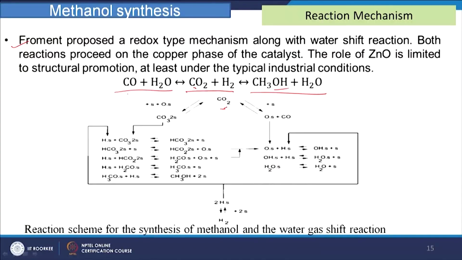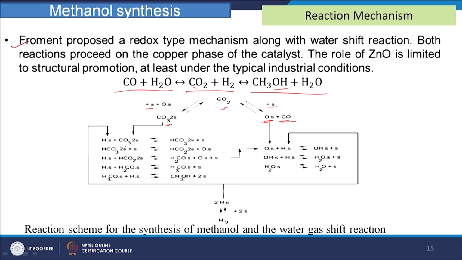So, reactions at the active site take place. Now carbon dioxide comes to the active site, say solid S, and it gives us CO plus OS, or it can also give one OS and another S. Carbon dioxide can also combine with two sites and give CO3·2S.